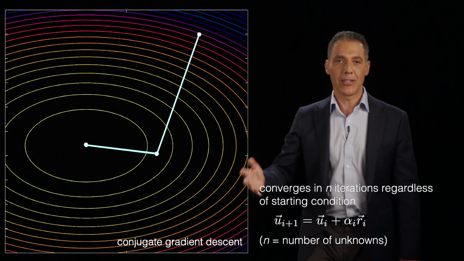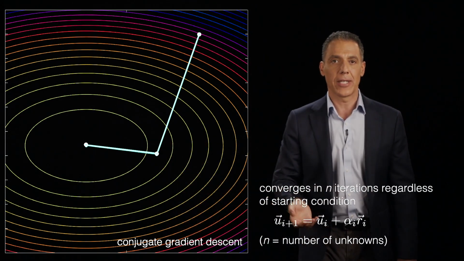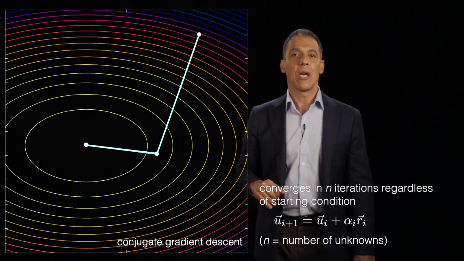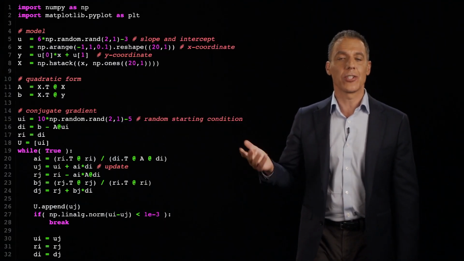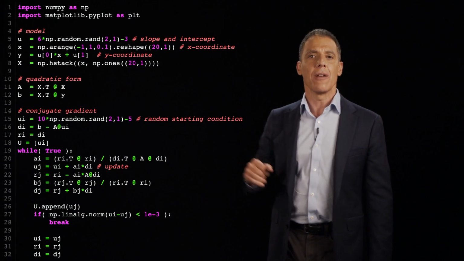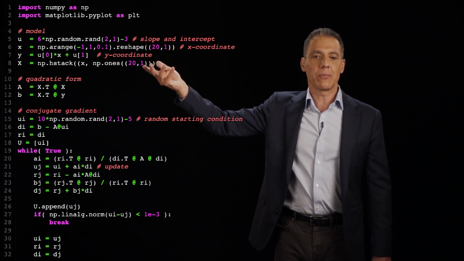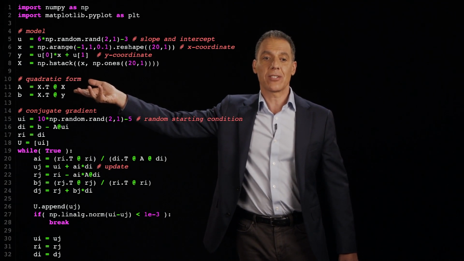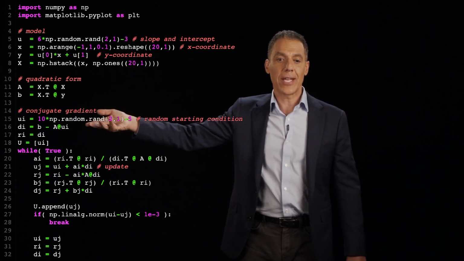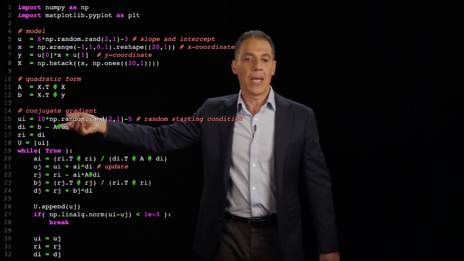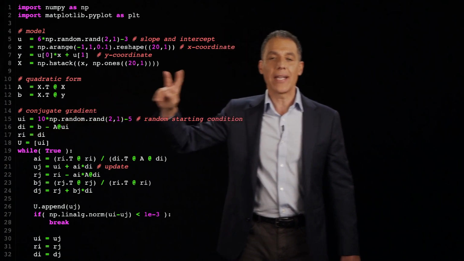I'm not going to derive it because I think we've gone through enough pain and suffering to get to steepest descent. But I am going to give you the code for it just so you can see it. And I'll go through this fairly quickly since we didn't derive it. Same game as before, generate some data. Here's my A and B matrix. Those haven't changed. Pick a random point u_i and define now, I need 2 things.